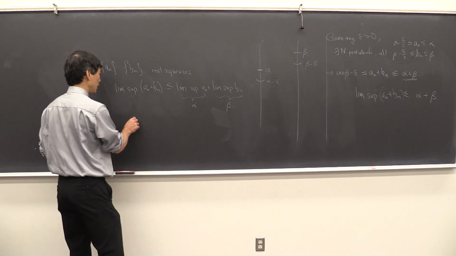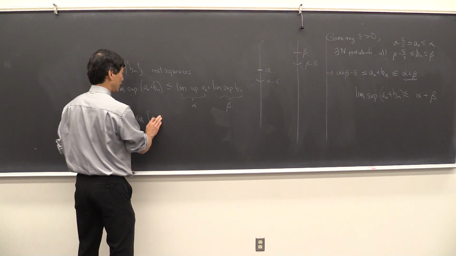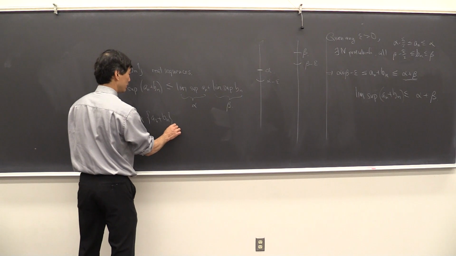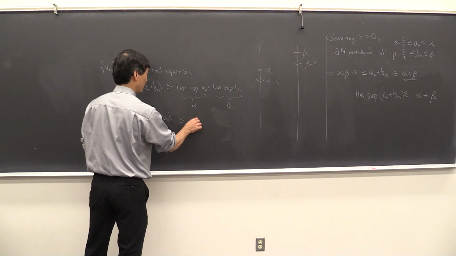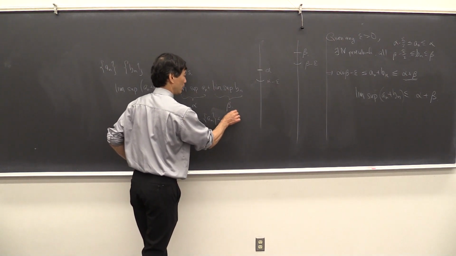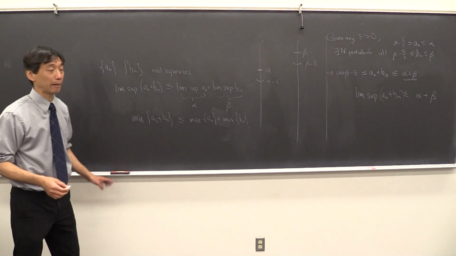If you have some finite sequence, the maximum of these guys is definitely smaller than the max over one sequence plus the max over the other sequence. That's basically what's going on here.